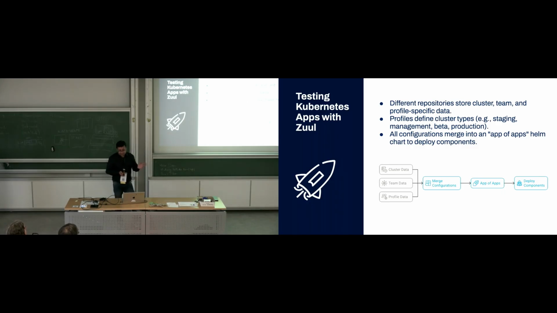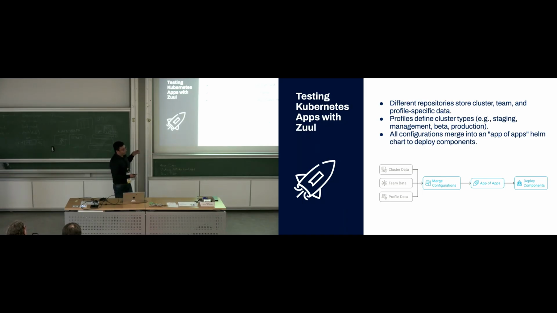As you can see, depending on the cluster and the team and the profile, we would have slightly different versions of these components in different clusters and different environments. So how we solve this: we have all these different components.